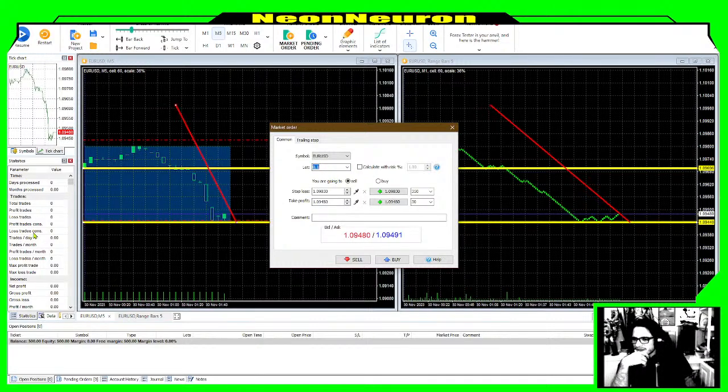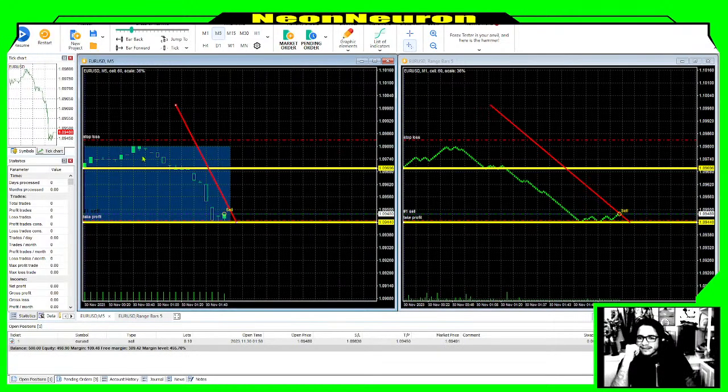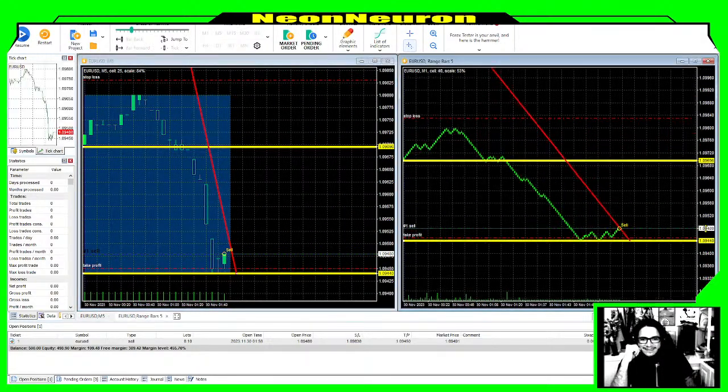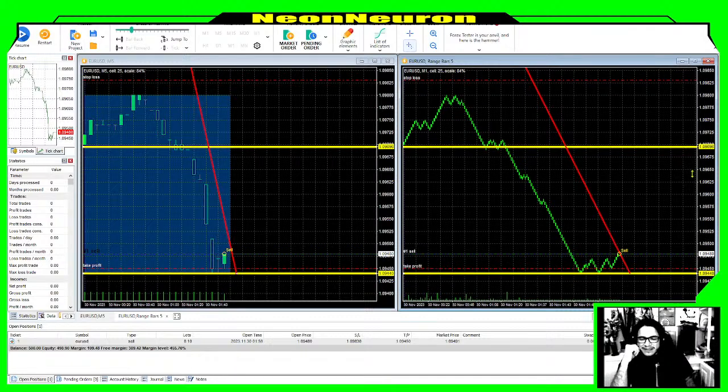Hold on, I'm trying to see what the margin for this account was. I think it was 200 to 1, so that's probably why we can't do it. Anyway, let's go 0.1, and then we got our sell and we got our take profit right there. So let's see how this trade goes.